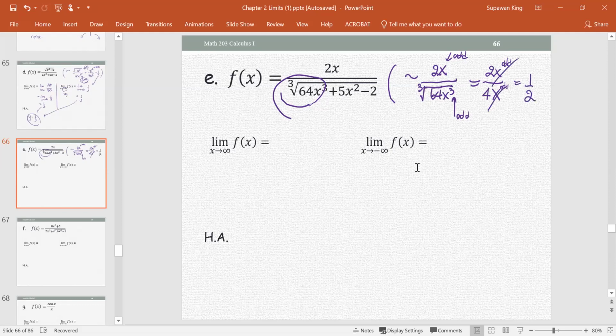That gives us 1/2. So the limit at infinity is gonna be 1/2, the same as at negative infinity. So the horizontal asymptote is y equals 1/2.